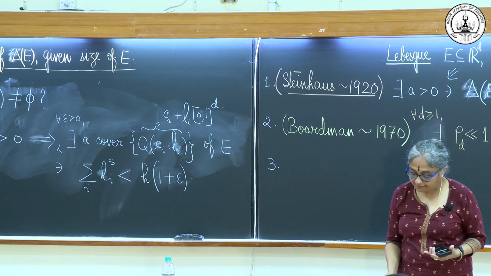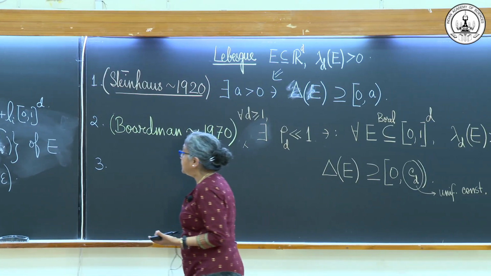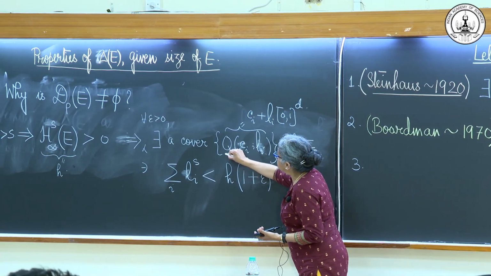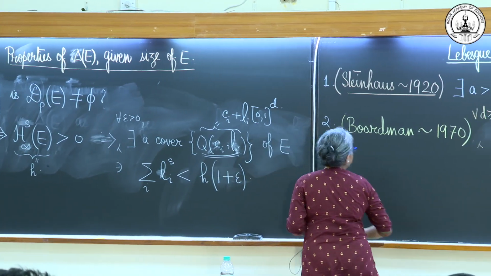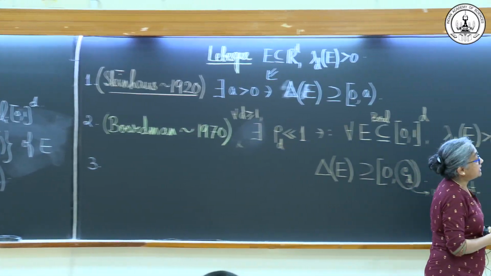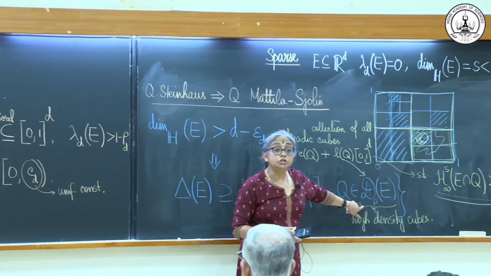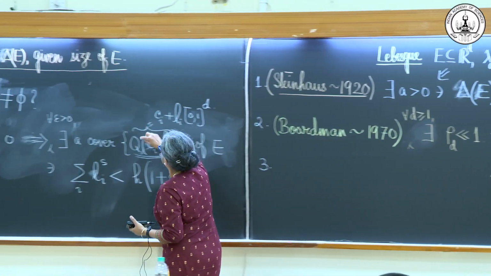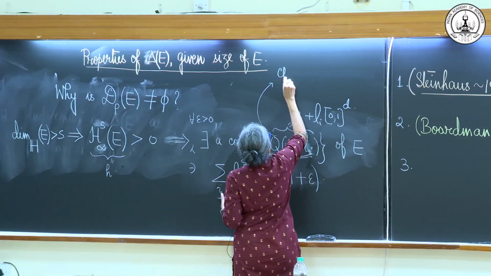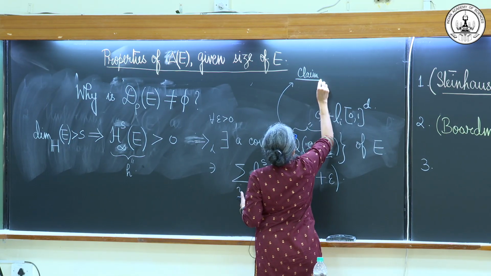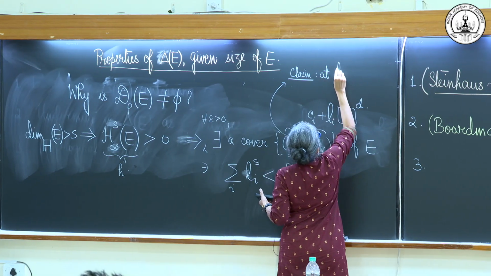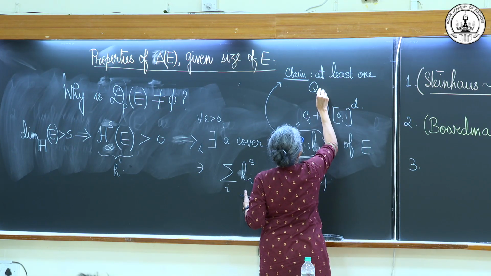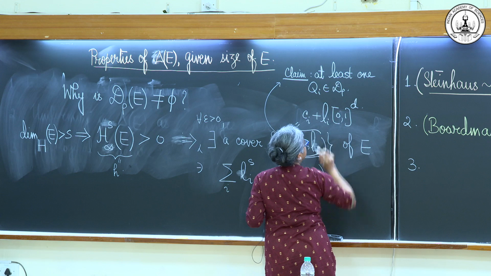Okay. All right. Now, what I'm going to claim is that at least one of these cubes must lie in this collection D sub rho. And that would show that the collection is non-empty. So the claim is, at least one Qi belongs to this.